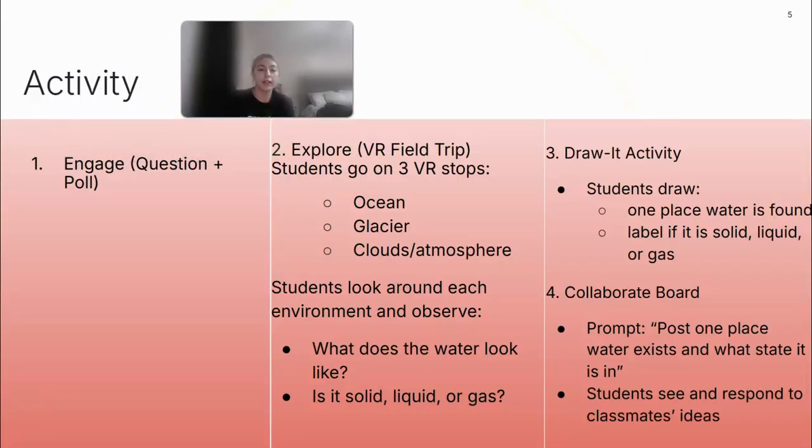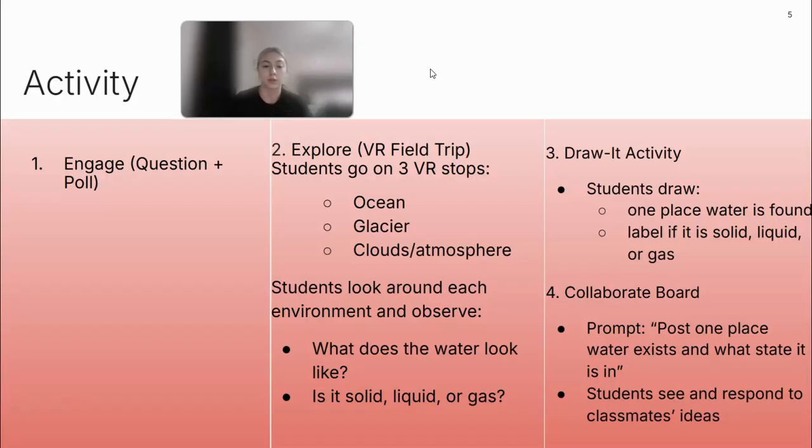Okay, so the activity that I came up with, and I'll show you here in a second on Nearpod, first would be a question and poll slide, and then they would do a virtual reality experience, and they would make 3 stops at the ocean, glaciers, and clouds and atmosphere.